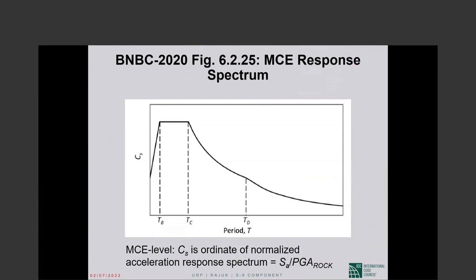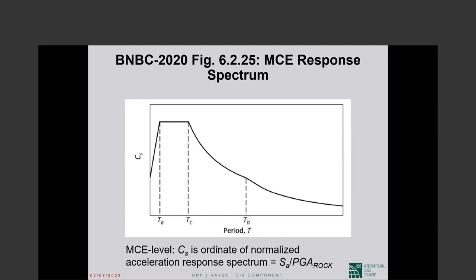Okay, so we try to go from ASCE 7 to BNBC. This is the spectrum that you have seen a number of times now, the BNBC spectrum, defined at those points TB, TC, TD. The C sub S is the ordinate of the normalized acceleration response spectrum. C sub S is S sub A divided by PGA on rock.